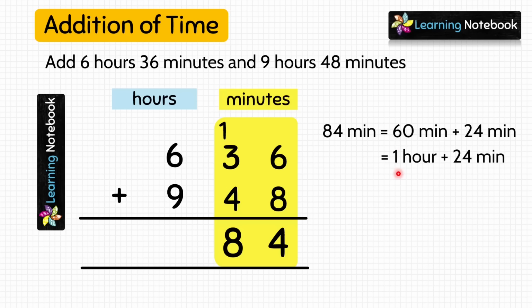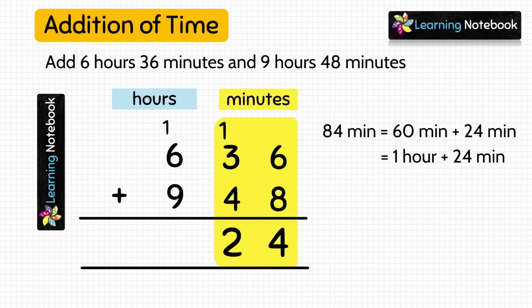So it means 84 minutes can be written as 1 hour plus 24 minutes. So students, instead of writing 84 in the answer here, we will write 24 minutes and carry 1 hour to the hour column.